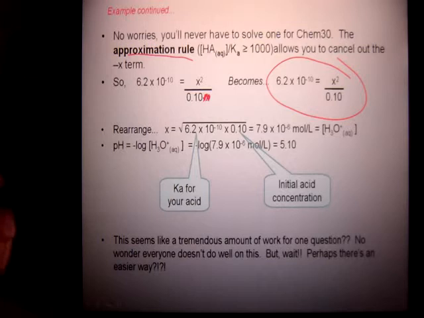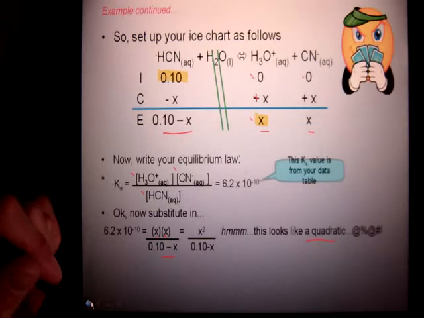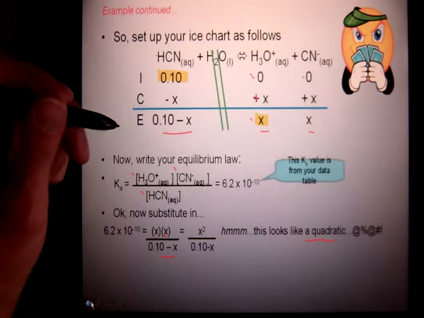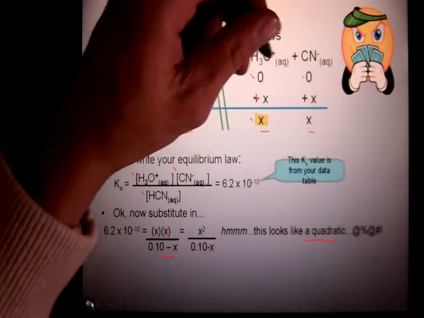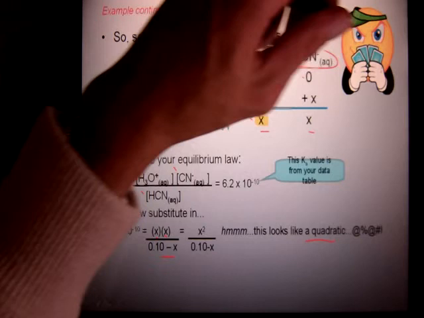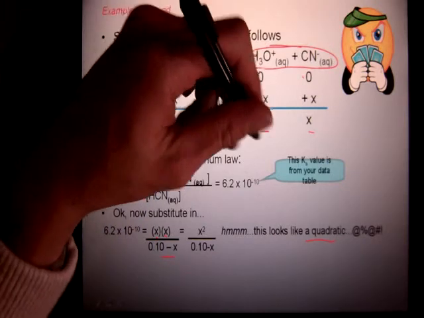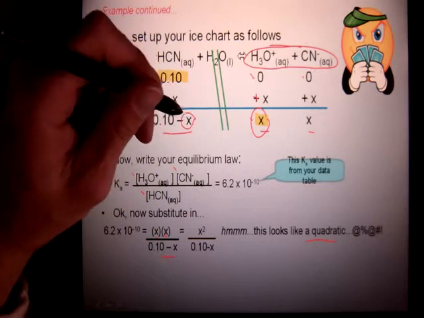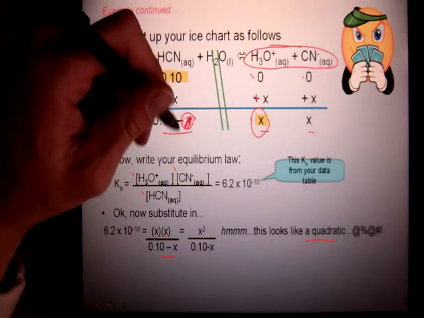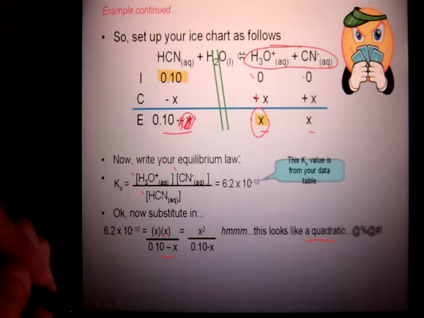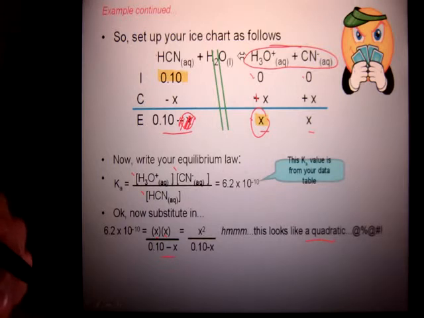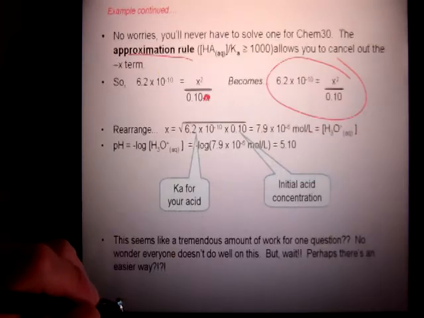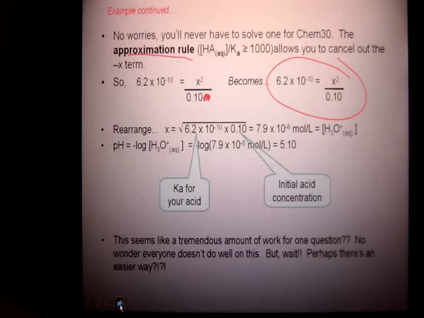With the K value being very small, all that means is that, if this K value is very small for the reaction, that means I don't get very many products, which means this value of x is going to be super small. And if that is super small, then so is that. So basically, when we subtract, taking into account significant digits, that value would still be 0.10. So you get to ignore it, which saves you some grief.